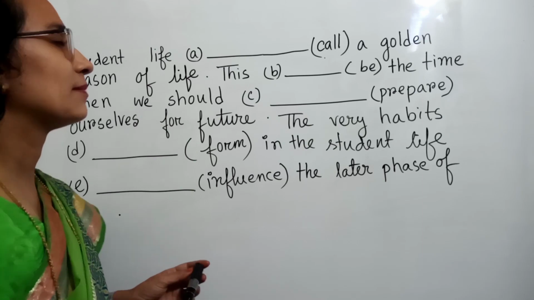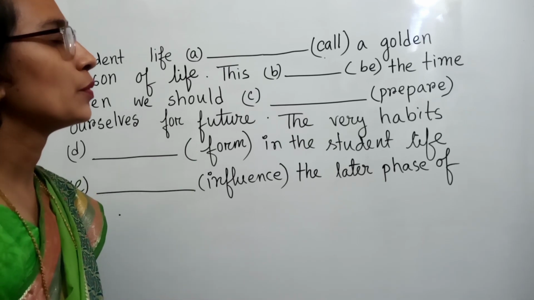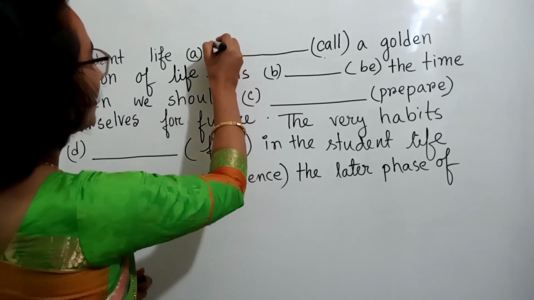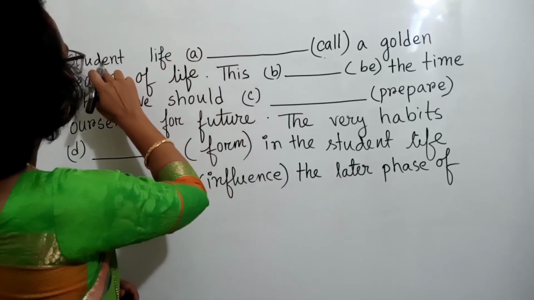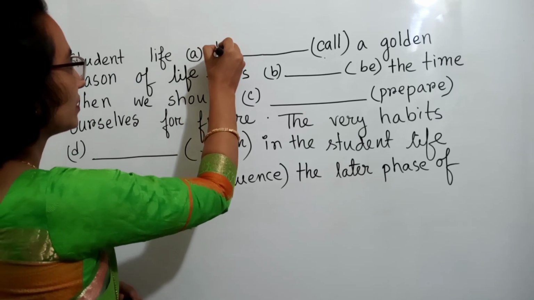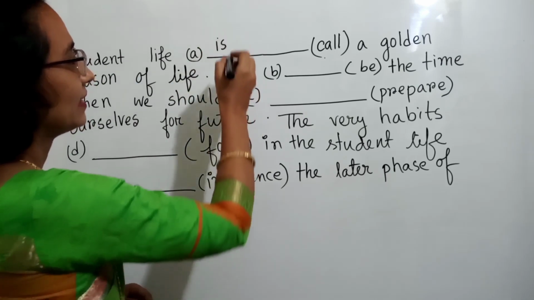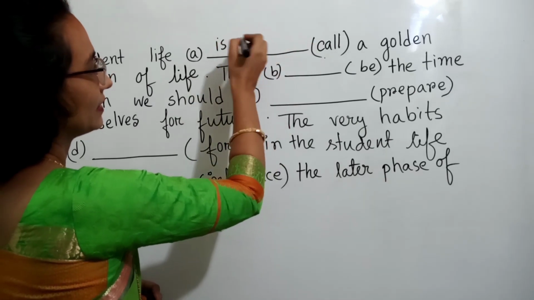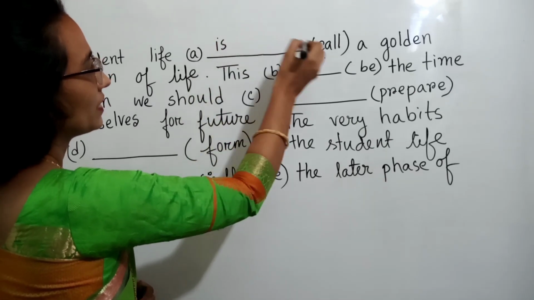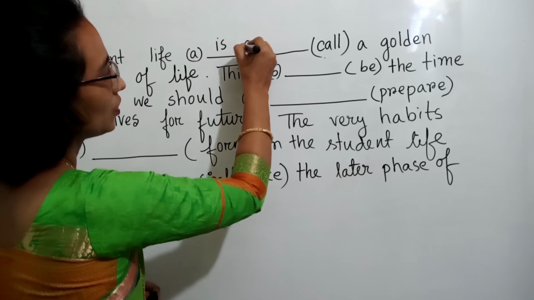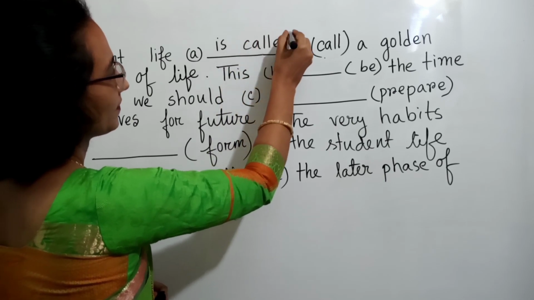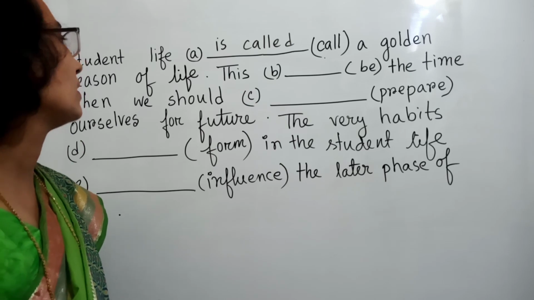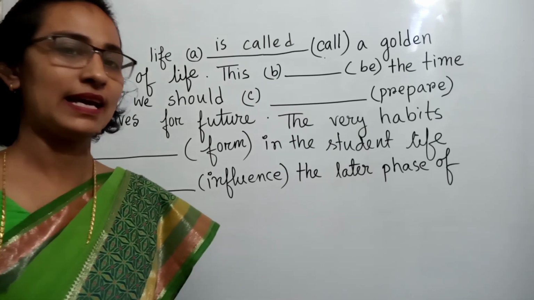Here it is a passive form, that's why we need to write a helping verb first. This is third person singular number, that's why I wrote is, and then in passive form we need to write the V3 form after the auxiliary verb. So the V3 form is call, called. So the verb is called: student life is called a golden season of life.